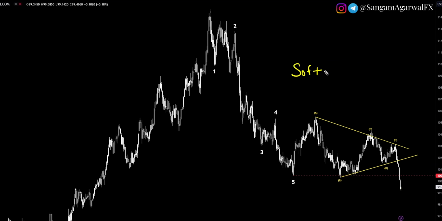Like I explained in the last video in detail, soft landing means weak dollar and hard landing means strong dollar. In the beginning of this year, dollar was strong, there was full fear of recession. Then every time NFP came, market sentiment changed immediately.